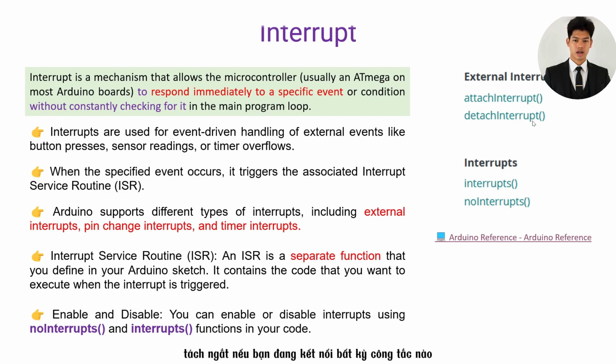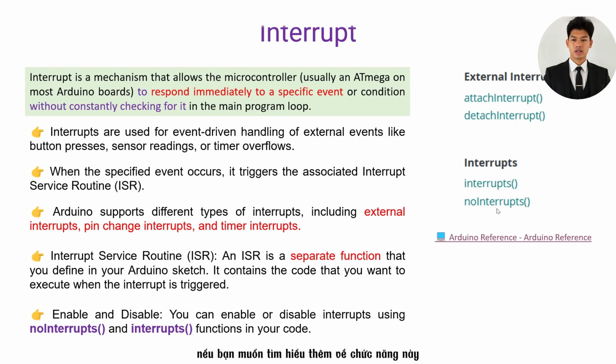If you are connecting any switch or any external signal to your Arduino, you need to do the configuration using attachInterrupt for enabling the interrupt and detachInterrupt to disable it. And in the main program, once you attach your interrupts in the configuration, if you want to enable interrupts, interrupts() is used for that, and for disabling the interrupts, noInterrupts() is used.